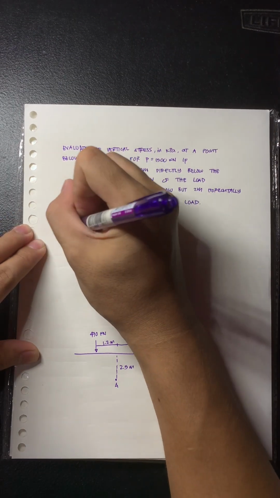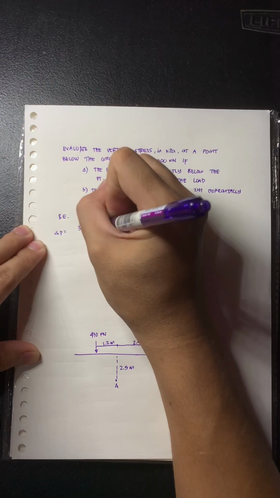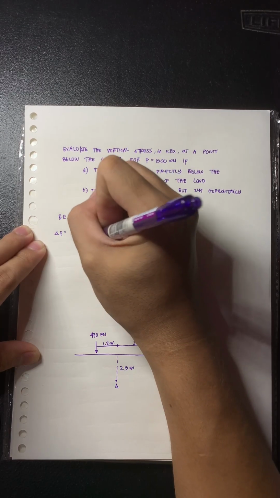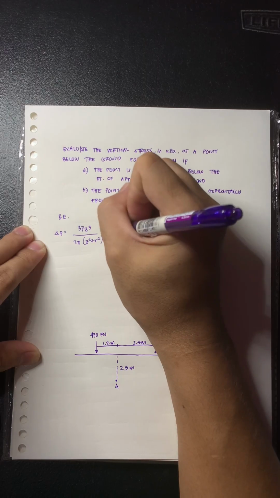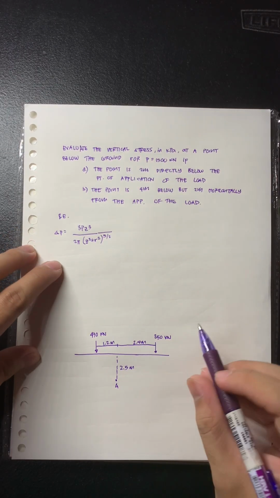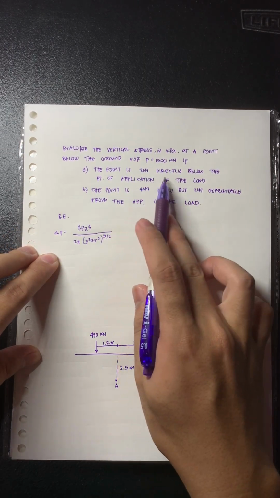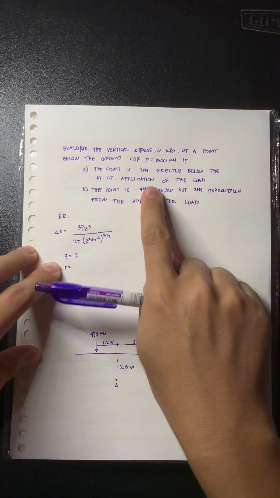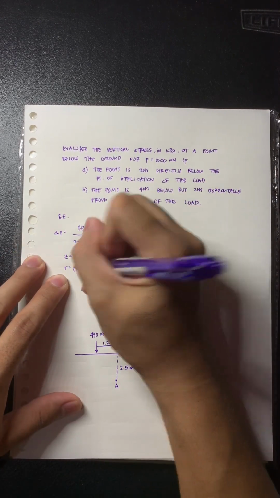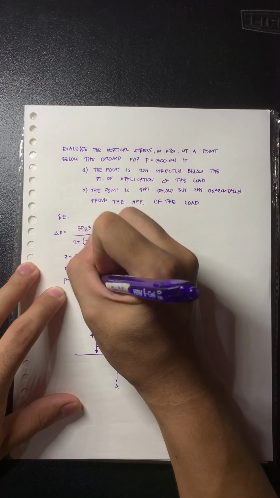So what is the formula? Change in P is equal to 3PZ cubed over 2 pi times the quantity Z squared plus R squared, raised to 5 over 2. We are given 2 meters directly below, so Z is equal to 2. But no horizontal distance was mentioned, so R is 0. The point load is 1,500.